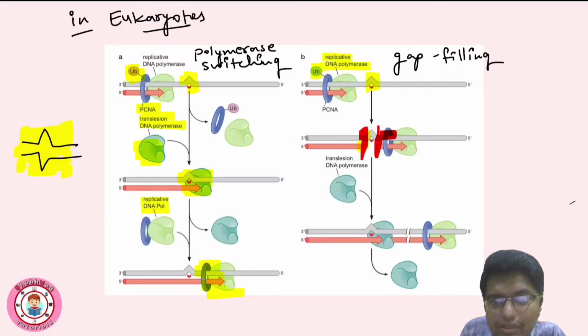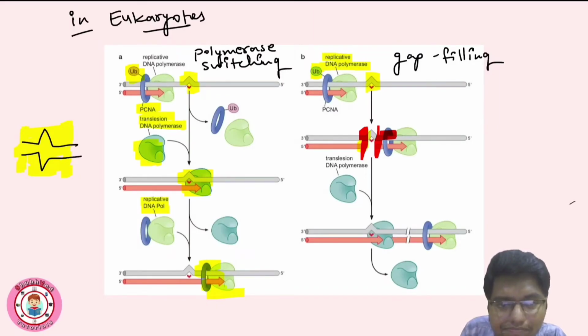So first of all, the replicative polymerase will continue the replication, and then the next polymerase, the translesion DNA polymerase, will come and fill the gap. So the gap is filled later in this case. This is known as the gap filling model because there is a gap at the damage site, and that gap is filled by the translesion DNA polymerase after the replicative polymerase has completed the DNA replication, right?